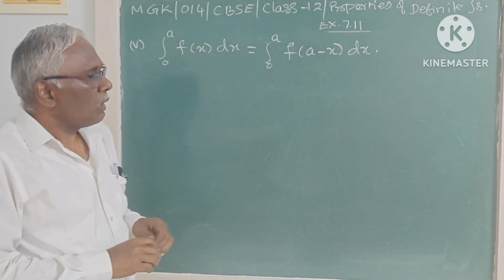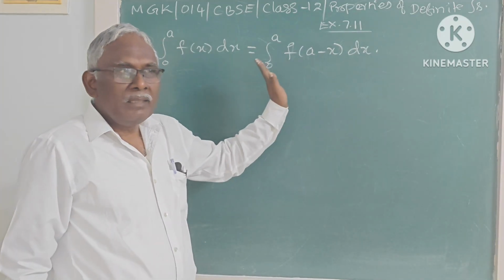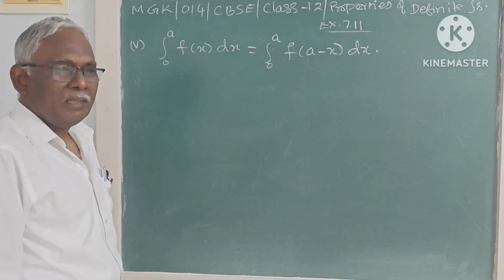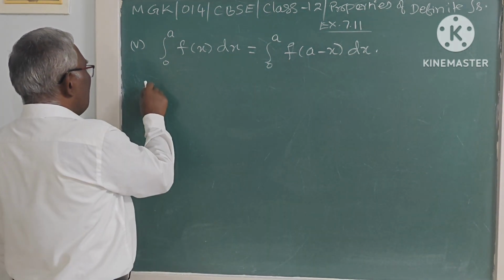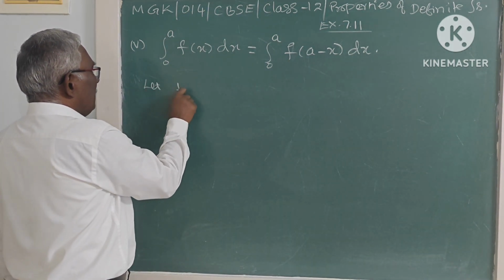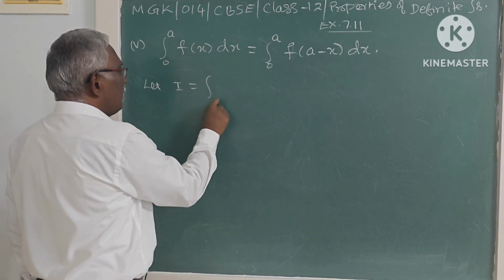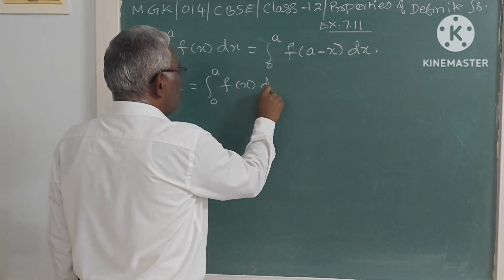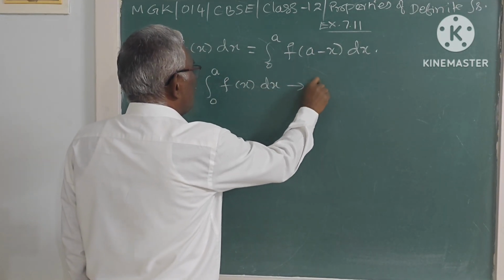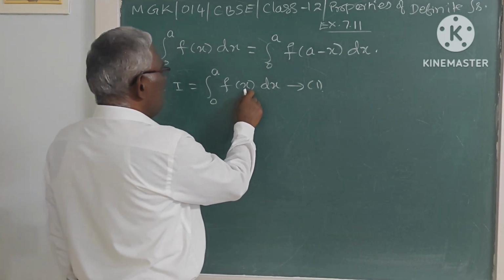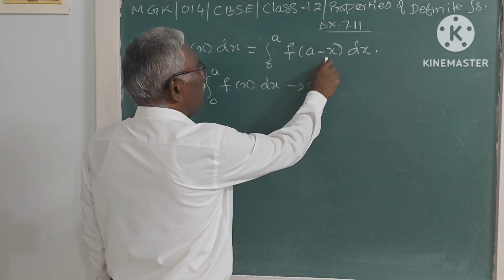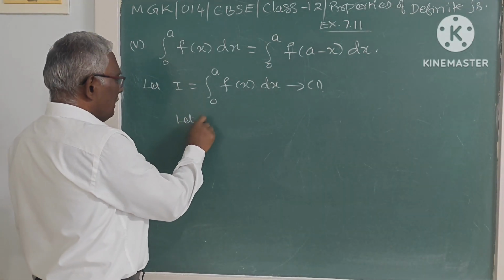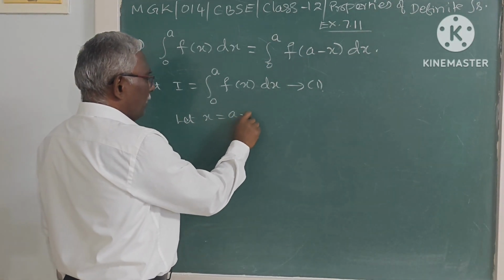So most of the problems will be using this property only to evaluate the integral. So let I is equal to integral 0 to a f of x dx. We'll replace x by a minus y. Let x is equal to a minus y.